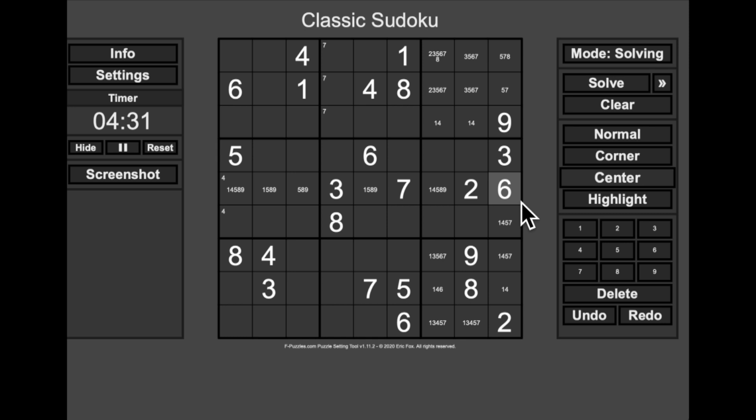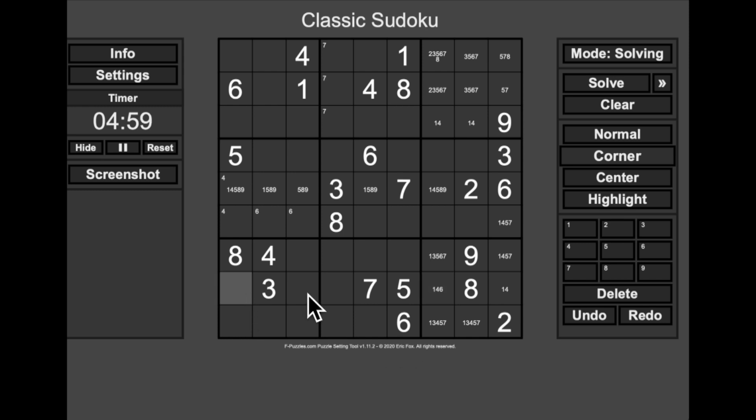A 6 here and a 6 here says I need a 6 there in box 4 because the middle's taken, the top is taken. I need it in the bottom, but it can't go here. So one of these must be 6. Must be 4. Let's see. We're 6 in some order.